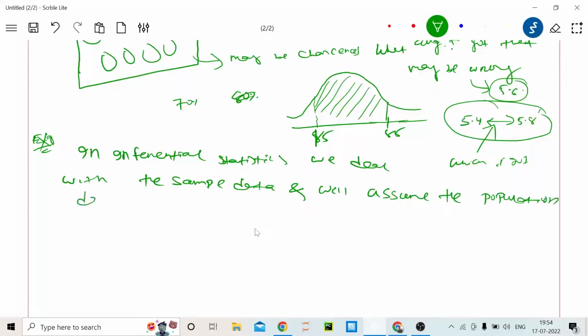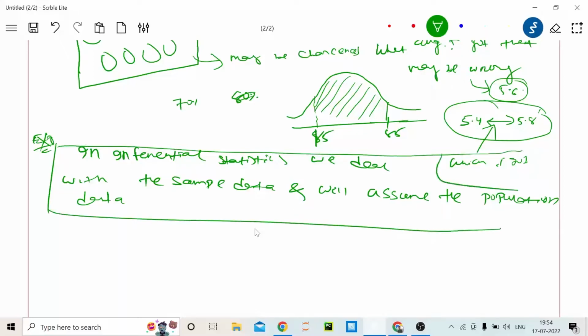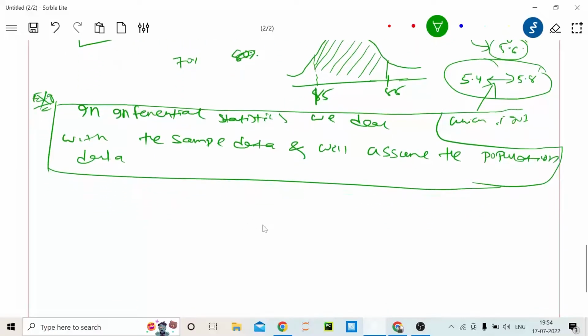This is the important point. We just collect the sample data and do some operation, and on top of that we can assume what the average should be and what the value is in our population.